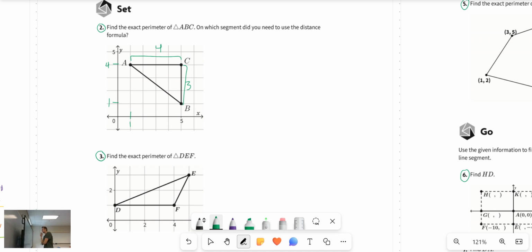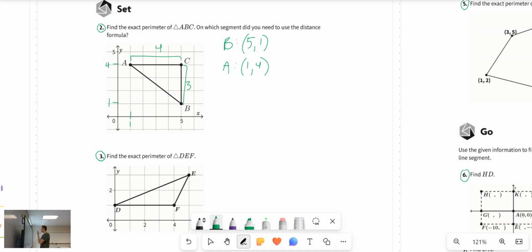So we have a 3 and a 4, and now we have to figure out how far it is from A to B. Well, this is the one we need to use the distance formula on, and remember that point B is 5, 1, and point A is 1, 4.